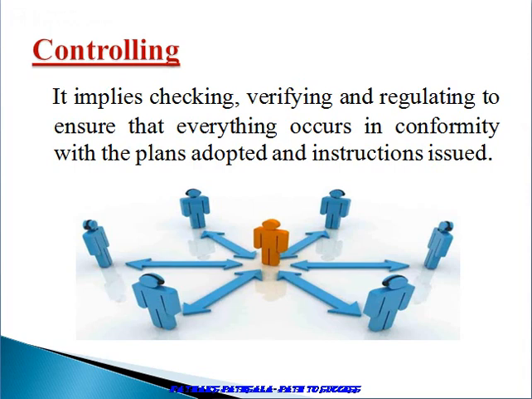Thus, controlling is the process under which actual performance is compared with the predetermined standards, deviations are identified, the reasons are analyzed, and corrective action, if required, is taken so that repetitions of such mistakes in future can be avoided.